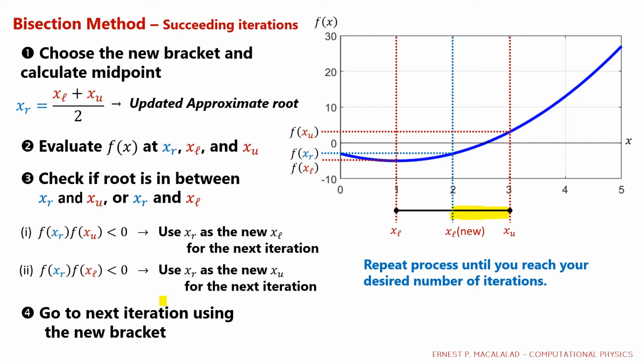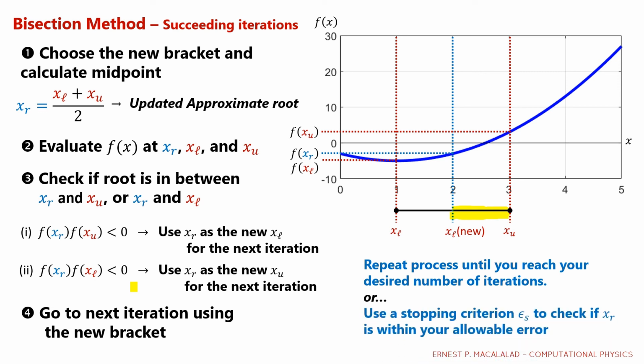One way to iterate is to set the number of iterations and hope that by the end of the iterations, we arrive at a good estimate of the root. However, what we can also do is set a stopping criterion.